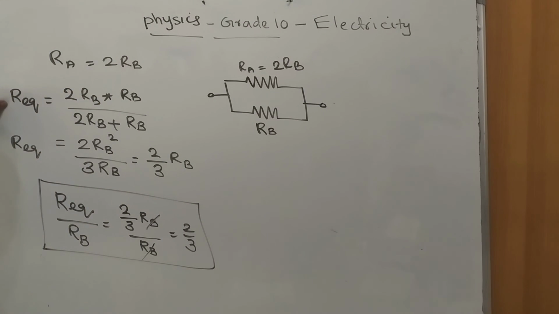Then R equivalent can be calculated by the equation R1 R2 divided by R1 plus R2, which is 2RB times RB divided by 2RB plus RB. If we simplify this, we get 2RB square divided by 3RB, which is 2 by 3 RB.